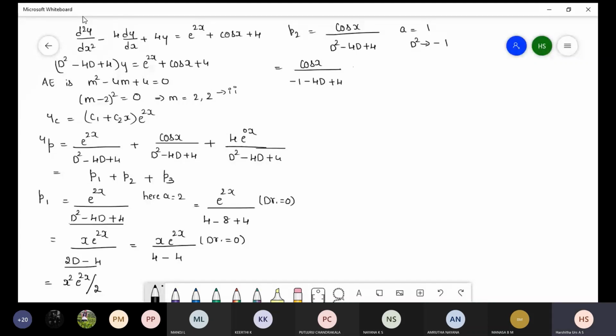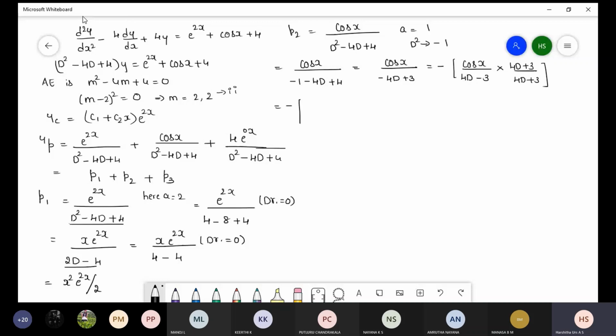Again here cos x divided by minus 4d plus 3. So I take minus as a common in the denominator. So we get cos x divided by 4d minus 3 into 4d plus 3 divided by 4d plus 3.